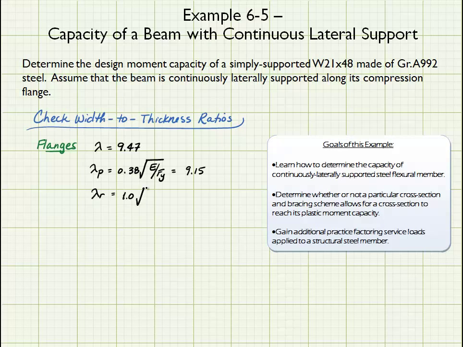For 50 ksi steel, this comes out to 24.08. So what I can tell from this is that lambda for the flange is between lambda sub p and lambda sub r, which means that the flanges are non-compact.